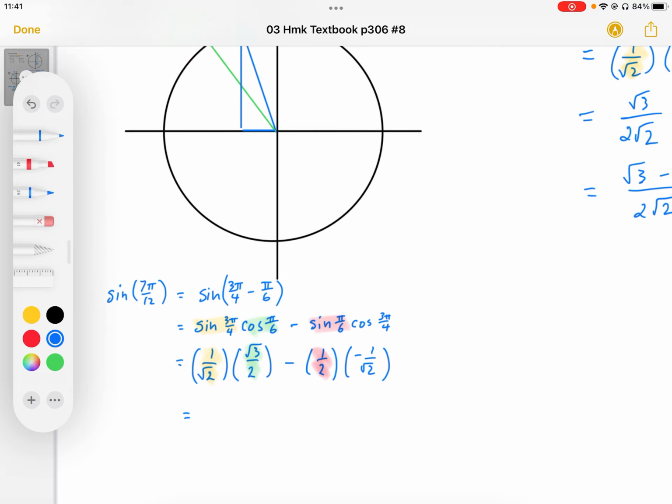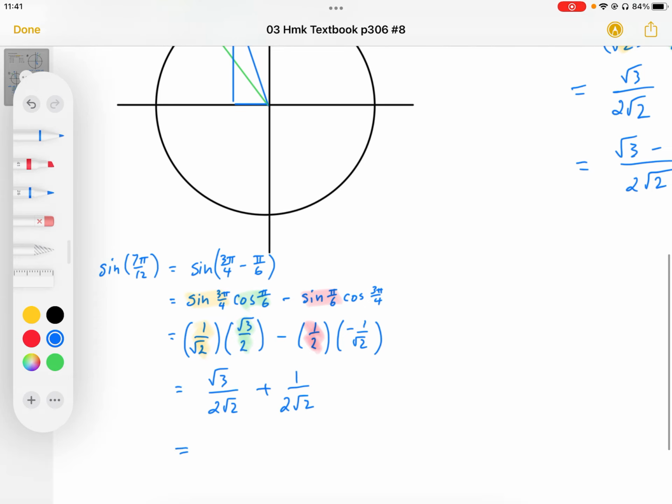We're going to end up with root 3 over 2 root 2 minus negative, so plus 1 over 2 root 2. And so this works out to be root 3 plus 1 over 2 root 2.